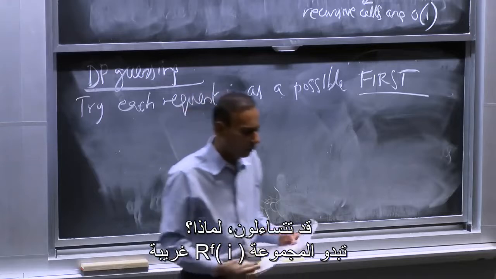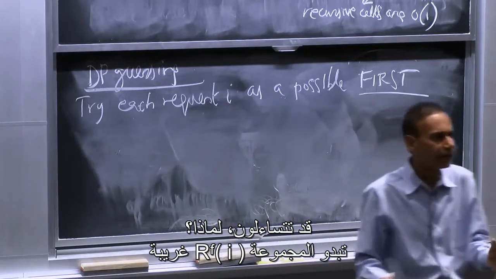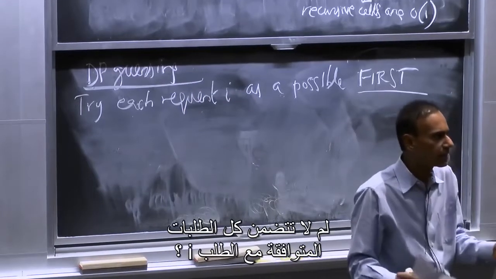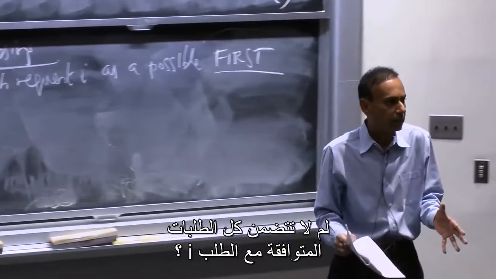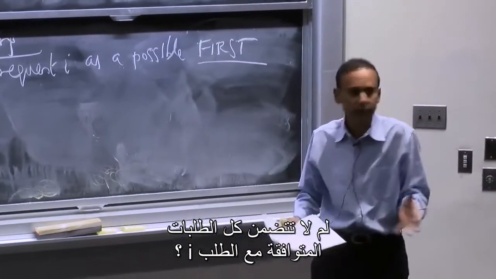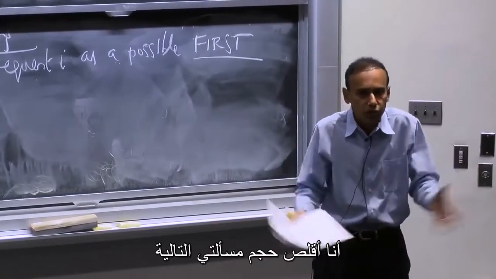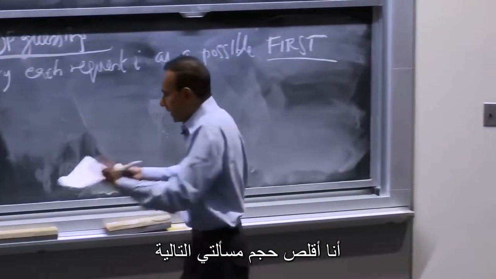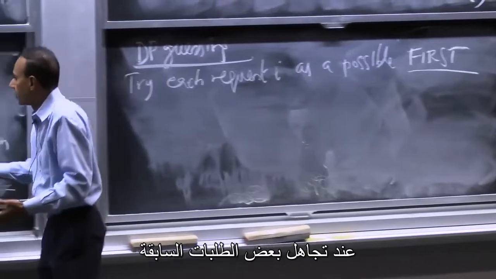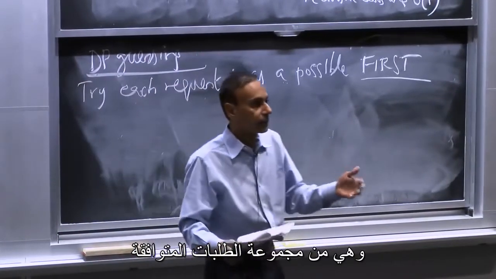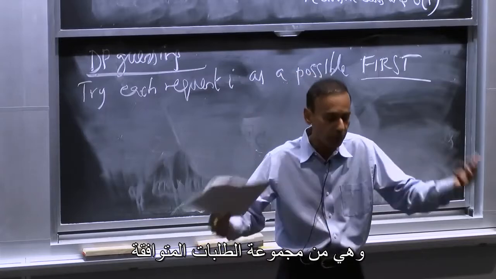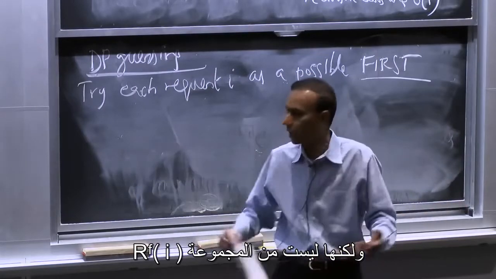You might be thinking, boy, this R of f of I looks a little strange. Why doesn't it include all of the requests that are compatible with the ith request? I mean, I'm somehow shrinking my subsequent problem size if I'm ignoring some requests that are earlier that really should be part of the compatible set, but they're not part of the R of f of I set, right?